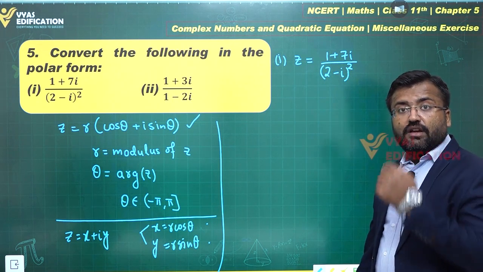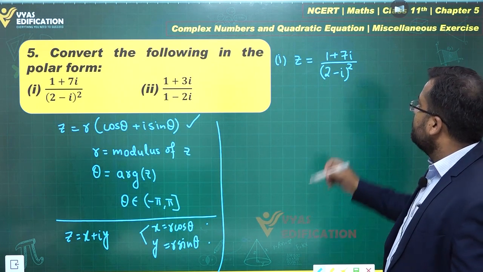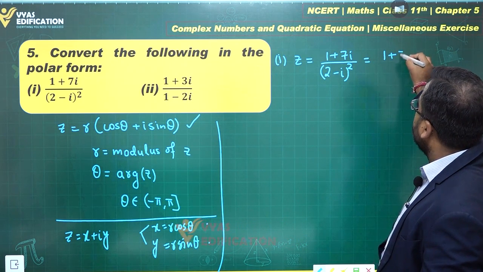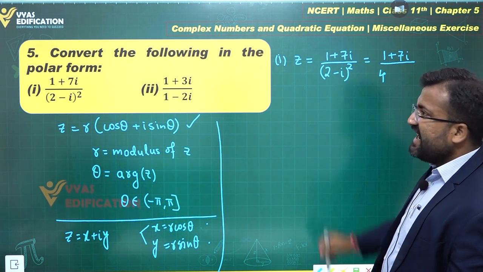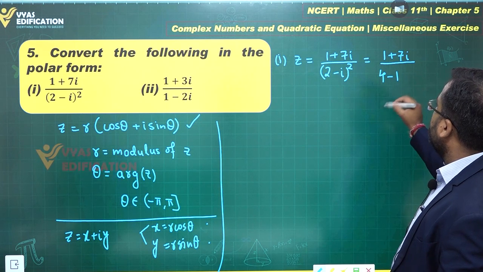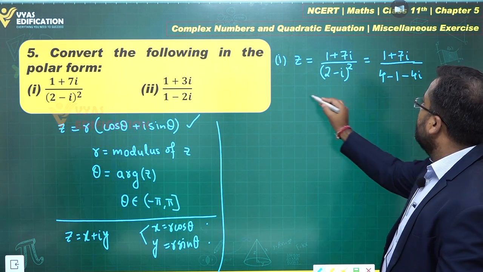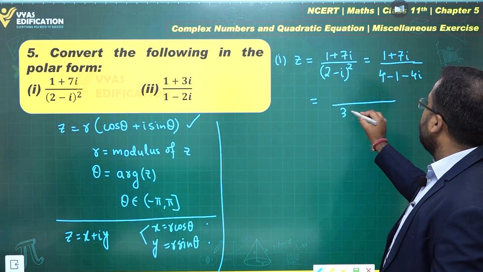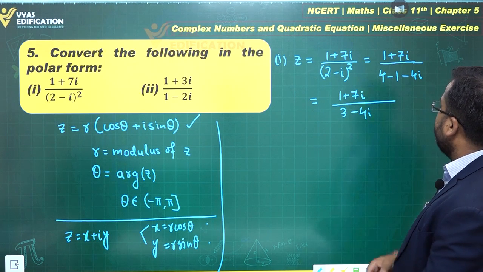In the denominator you have 2 minus i whole square, and we'll have to simplify that first. This is 1 plus 7i in the numerator. In the denominator, this is 2 square, which is 4, plus i square, which is minus 1, and minus 4i. What will that give me? This is 3 minus 4i in the denominator, and 1 plus 7i in the numerator.